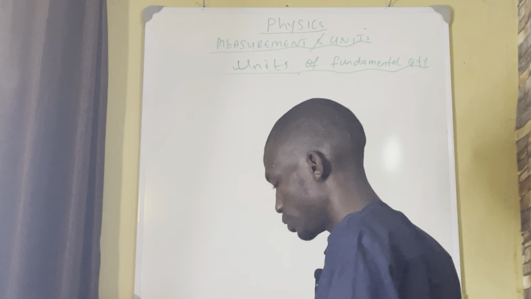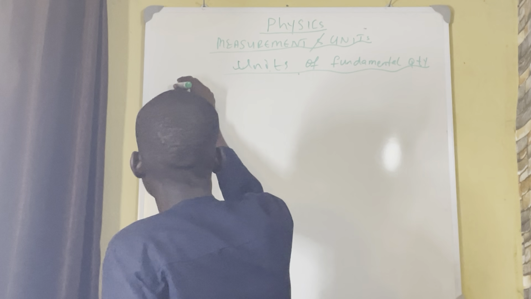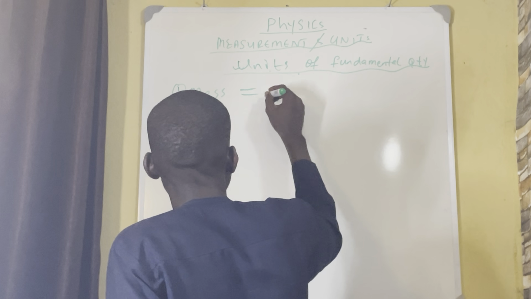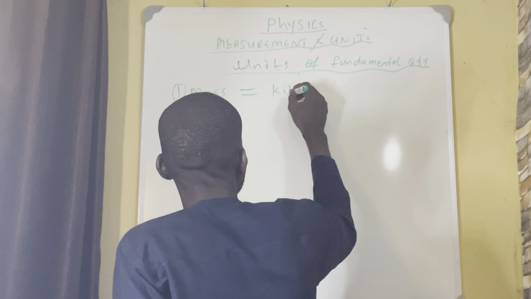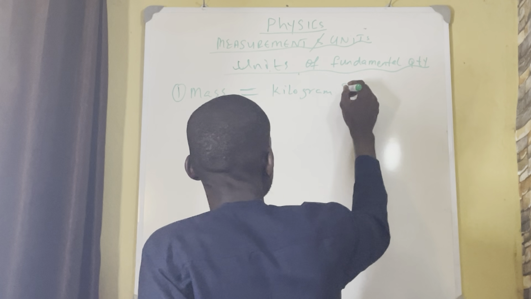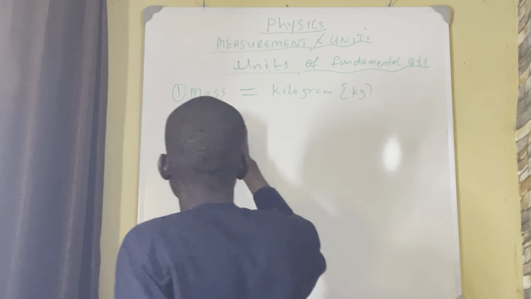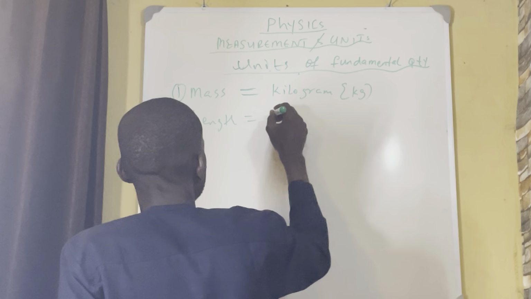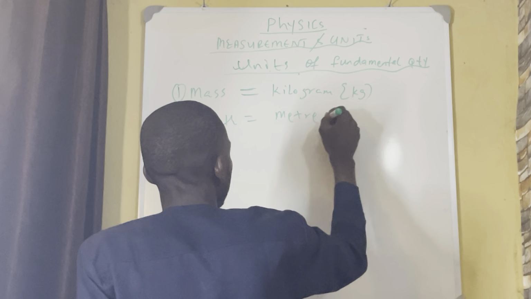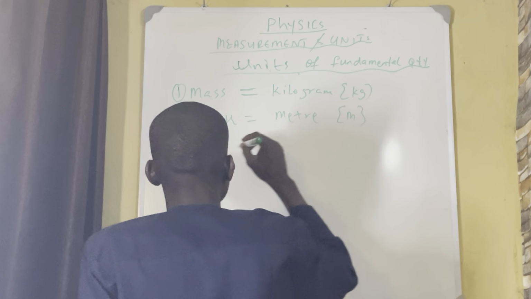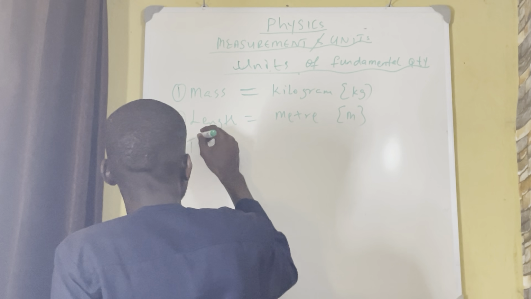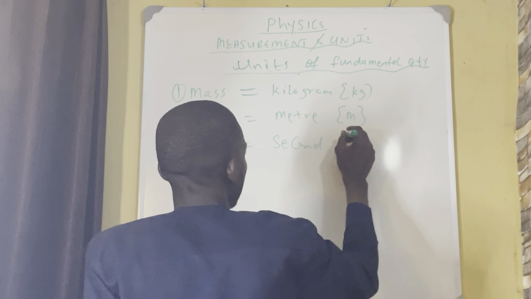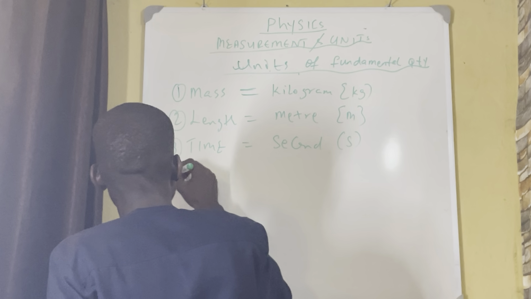Units of fundamental quantities. One, we talk about mass. The SI unit is what? Kilogram, or kg. Two, we talk about length. Meter. We talk about time. Seconds. We talk about temperature.